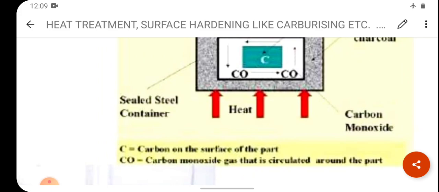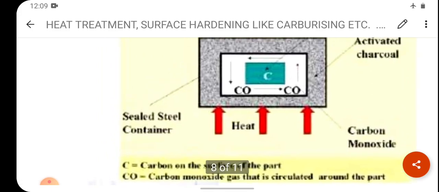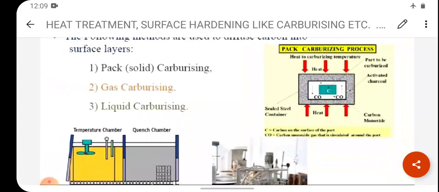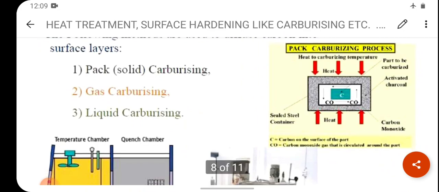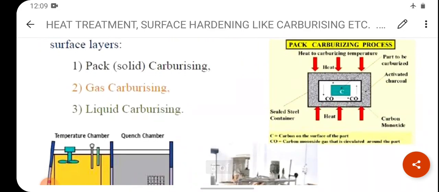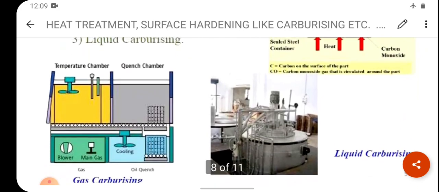I have shown this with the help of the arrows here. So the part will absorb carbon. This is known as the carburizing process, the first method of carburizing, that is pack carburizing or solid carburizing.